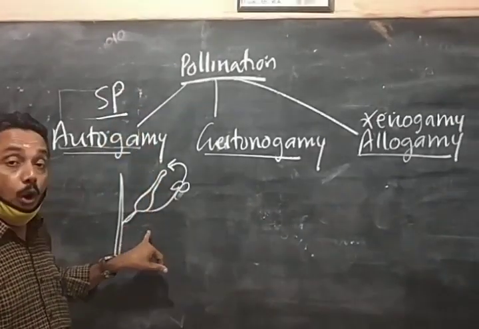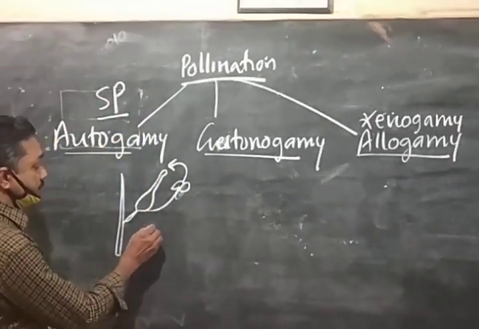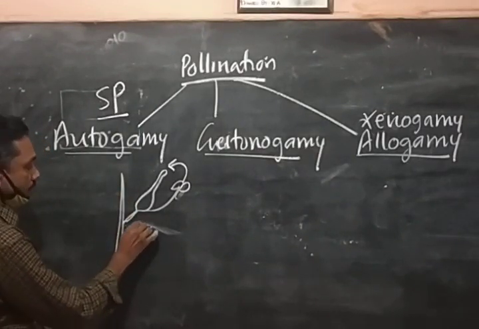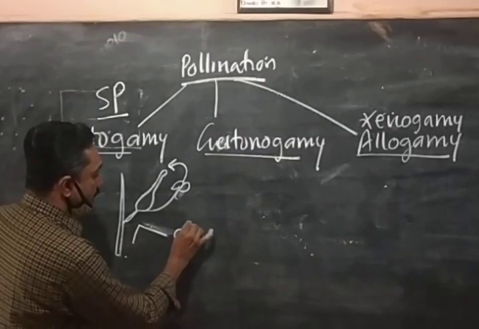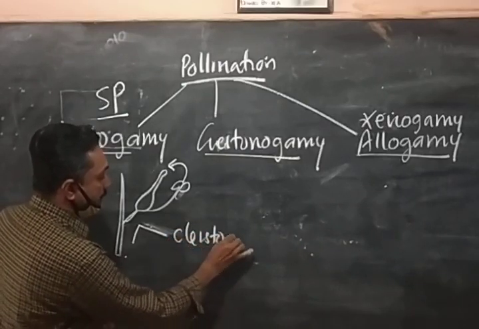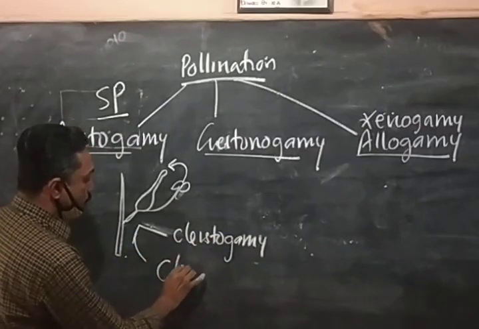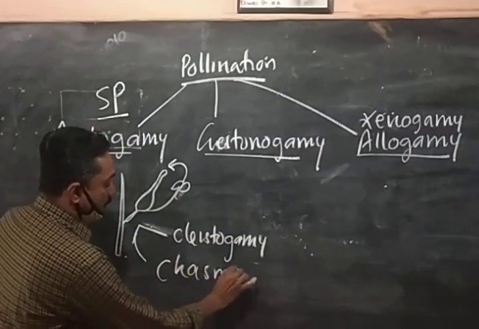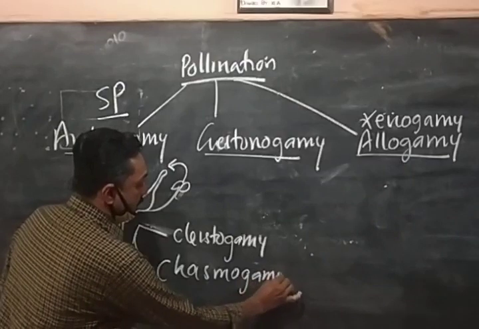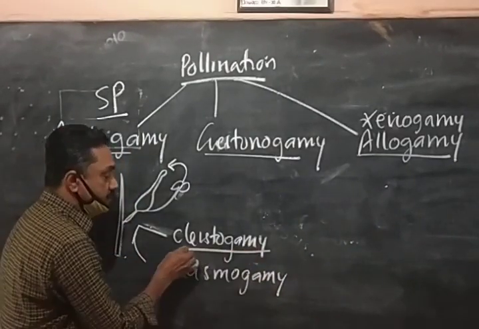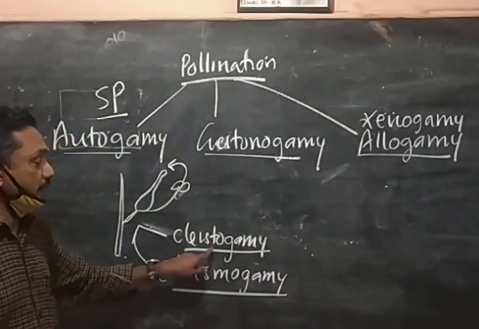Autogamy is of two types: cleistogamy and chasmogamy. Cleistogamy means pollination in a closed flower.